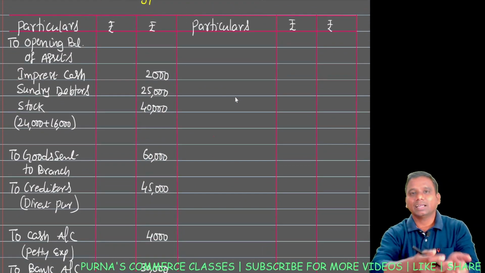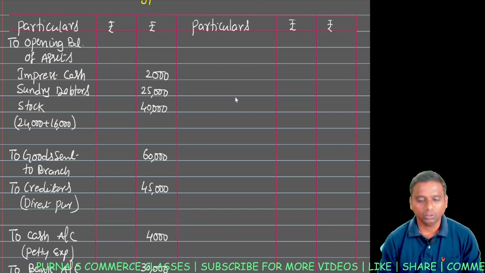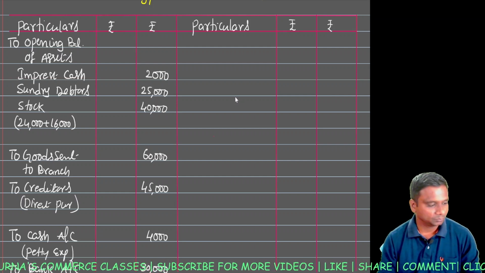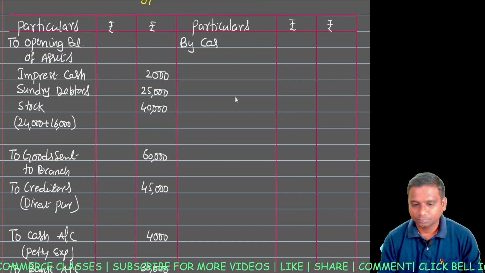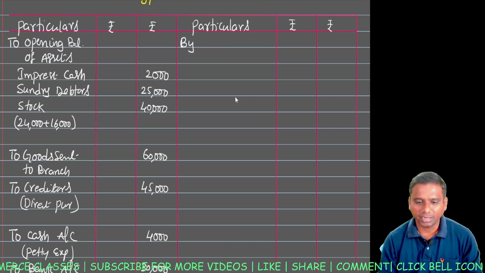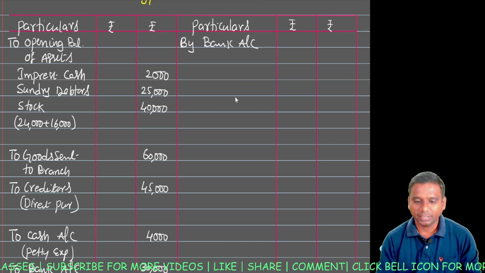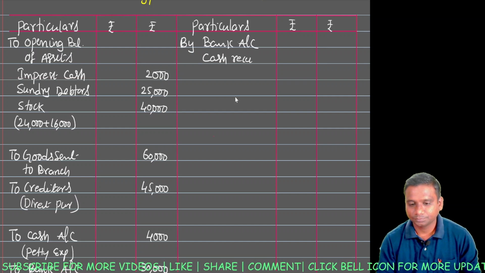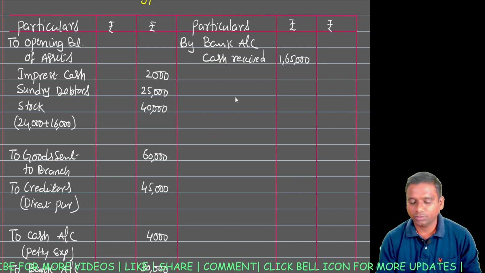What is the entry? Cash or bank account to debit, to branch account. Okay, branch account is credit here, by cash account or by bank account. Simply we'll write bank account. How much cash received? Cash received 1,65,000.